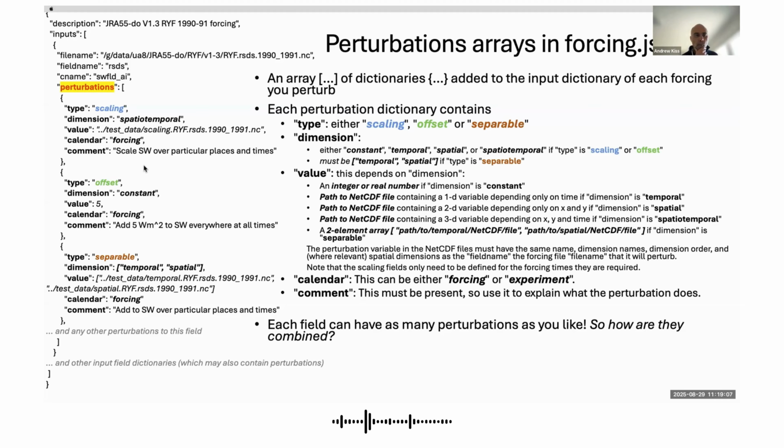Vilma. Yes, hi, thank you. So for the case where the forcing should, for example, ramp up over time, what approach would you suggest is best? What's the spatial structure of the forcing?